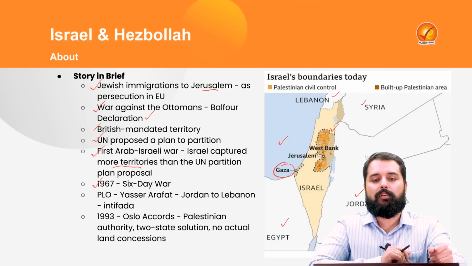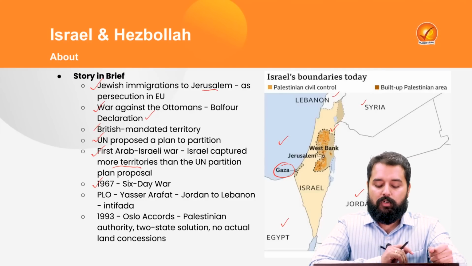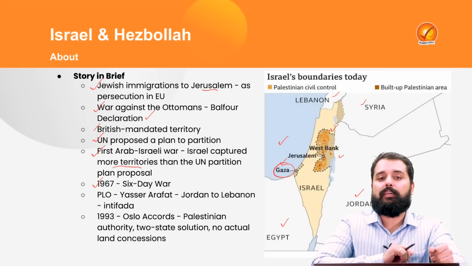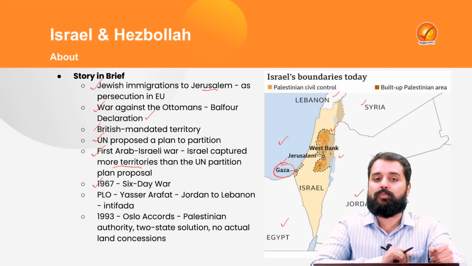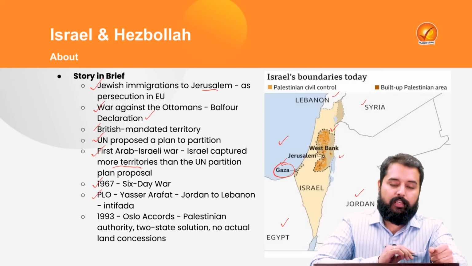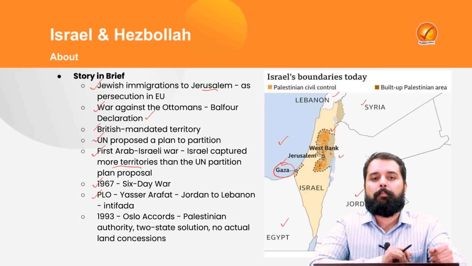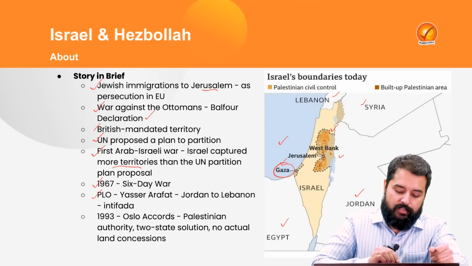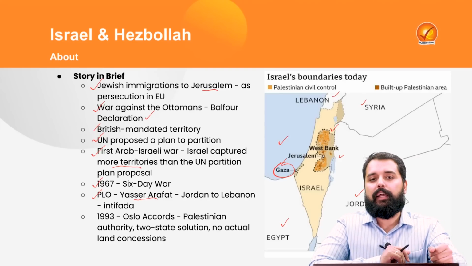In the Six-Day War, Israel swiftly took the Gaza Strip from Egypt and West Bank and East Jerusalem from Jordan also. It started controlling that. And at that time itself, in 1964, the Palestinian Liberation Organization also originated. It was led by Yasser Arafat, and they started operating from Jordan.